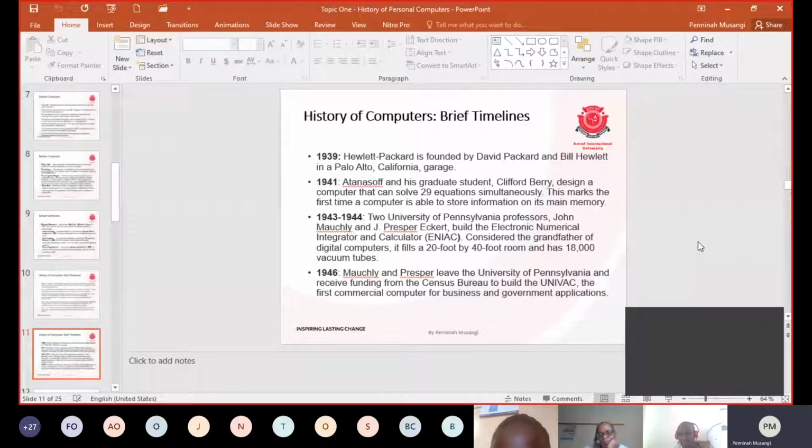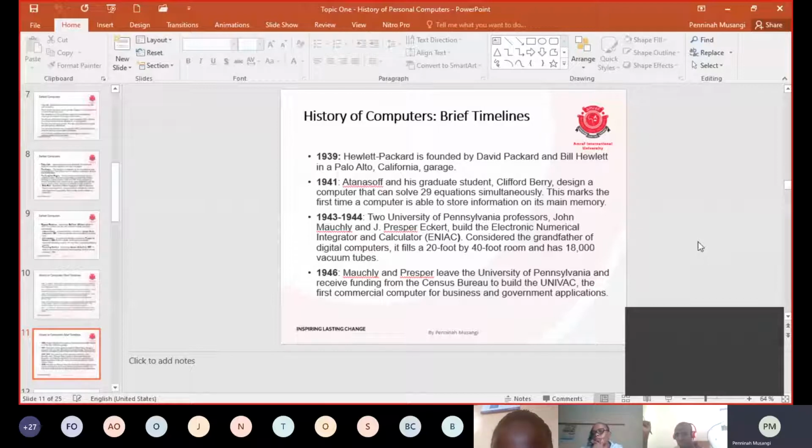You issue one instruction, and only when it is finished can you issue another. But this time Atanasoff and Berry designed a computer which could solve 29 equations or calculations simultaneously.